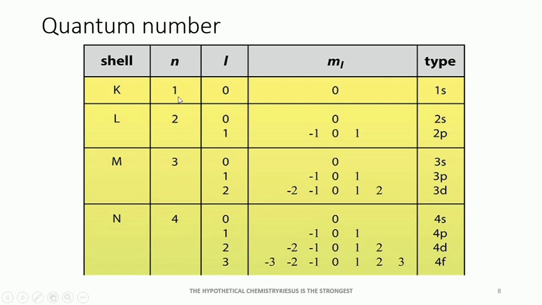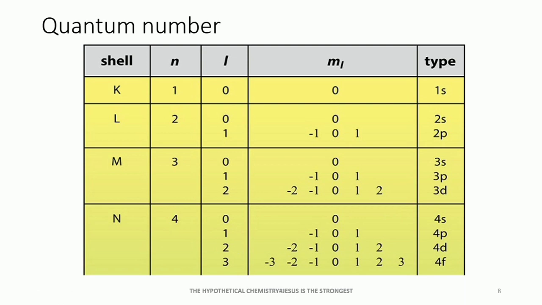For the principal quantum number 1, the first shell, we have only the s orbital. Coming here, we have 0, 1, 2, that is s, p, d, telling us that within the third shell we have the s, the p, and the d orbital. Now coming to the fourth shell, we have 0, 1, 2, 3, telling us that we have the s, the p, the d, and the f orbital in the fourth shell.